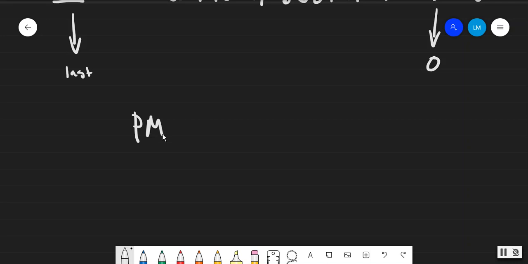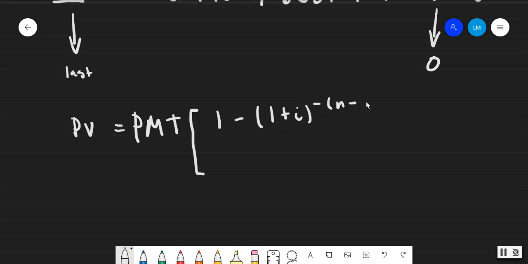If you wanted to find how much you have left, then it's something like 1 minus (1 plus i) to the negative n minus x, divided by i. X would be how many payments you've made already. So basically, this is the present value of an unpaid balance, how much is owed left.